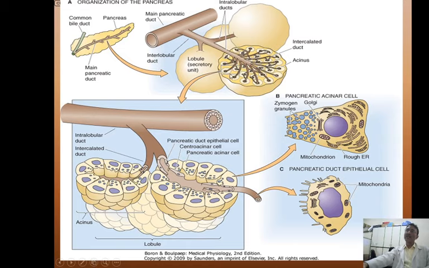Now each of these lobes is further divided into a number of acini. You see these are the acinus. So a number of acini are present, and each of these acini is lined by certain epithelial cells which are known as the acinar cells.